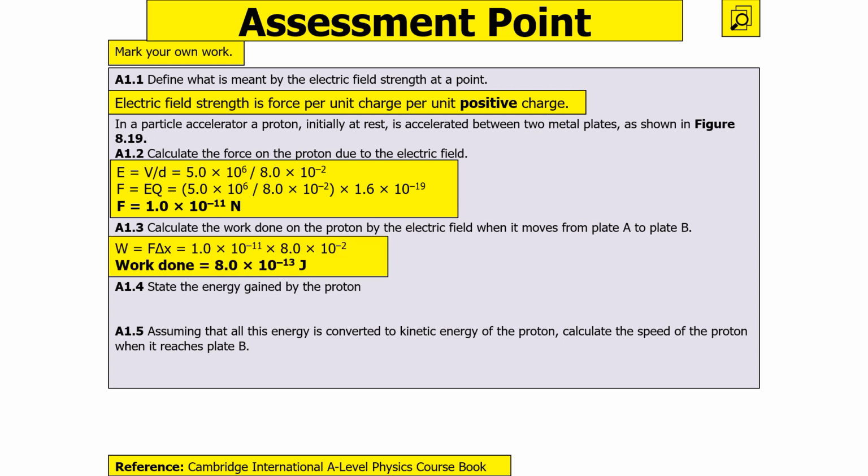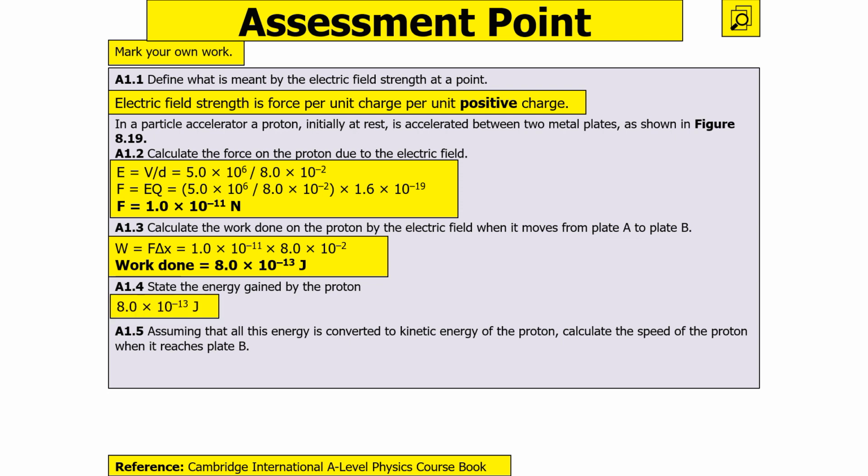Work done, we've just done this before, work done is going to be F times by the displacement. That's an equation you've looked at when you've done mechanics. So work done is going to be force times by displacement in the direction of the force it acts in. So you've got that force, you know the distance it's moved, so the work done is 8 times 10 to the minus 13 joules.